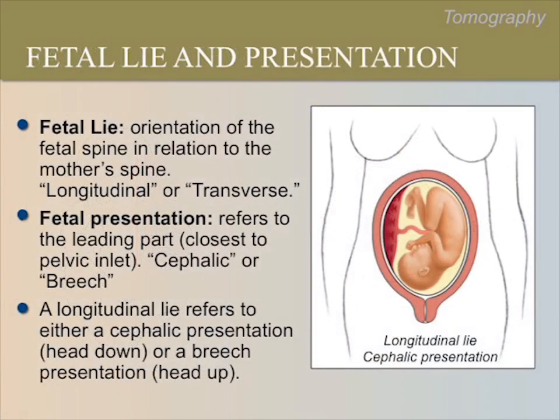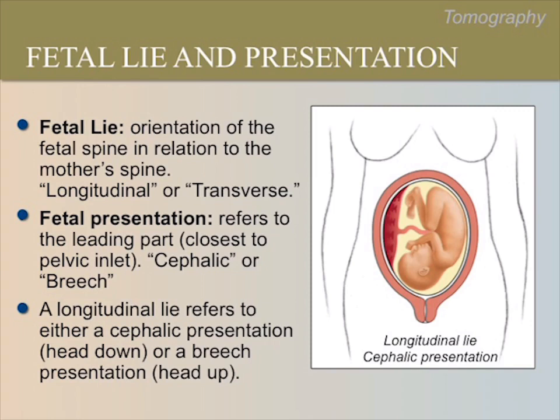There are a few terms that we should introduce now to describe the orientation of the fetus in the uterus. The first term is lie, which refers to the orientation of the fetal spine in relation to the mother's spine. The lie can either be longitudinal or transverse. The next term is fetal presentation, which refers to the leading fetal part that is closest to the pelvic inlet.